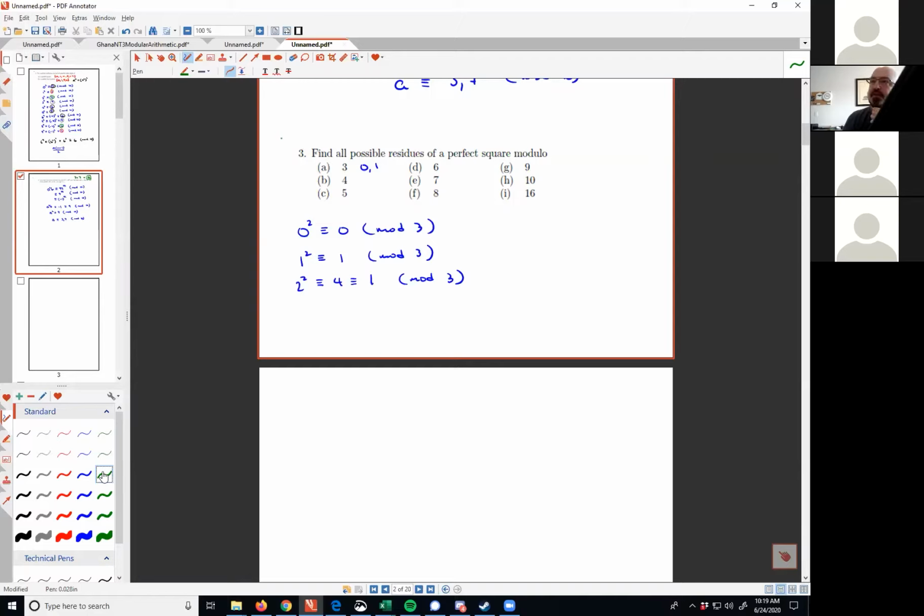Oh yeah, those are the only ones, aren't they? Well, that's nice. Yeah, 0 squared is 0, 1 squared is 1, 2 squared is 0, and 3 squared is 1, modulo 4. So every perfect square is either a multiple of 4 or it's 1 more than a multiple of 4 if it's odd.